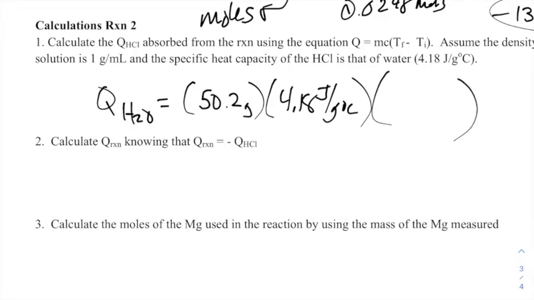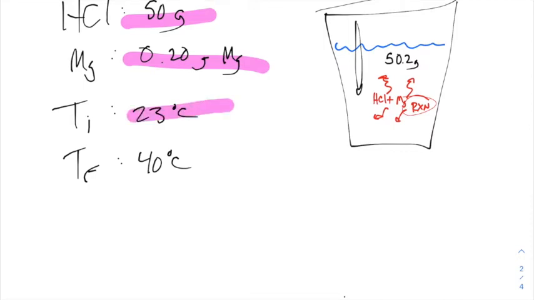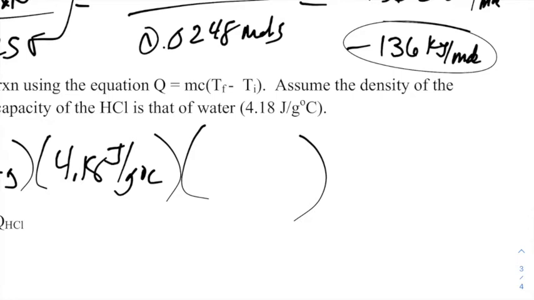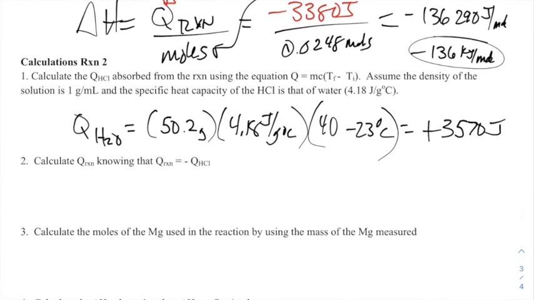And then we need TF minus TI, so we need the temperature change. The temperature change for this one went from 23 up to 40. So again, that's going to be 40 minus 23 degrees Celsius, which is 17. So 17 degrees Celsius times 4.18 times 50.2 is positive 3570 joules for that to occur, to 3 significant figures.